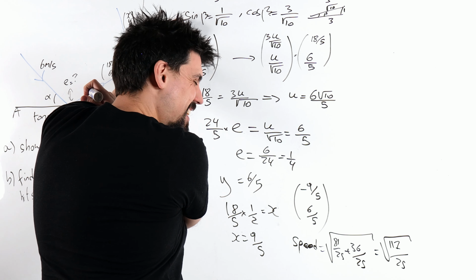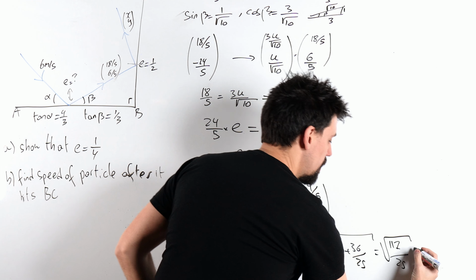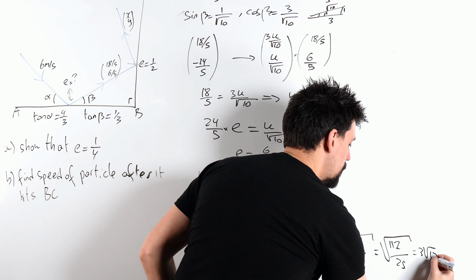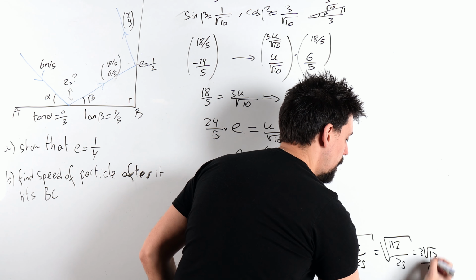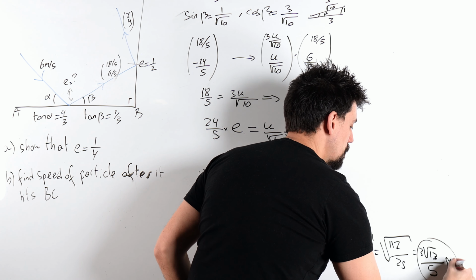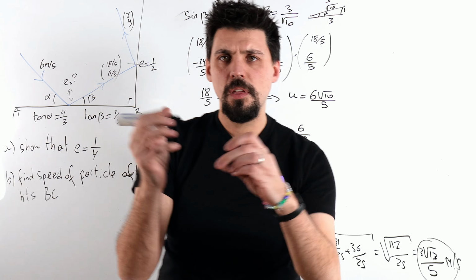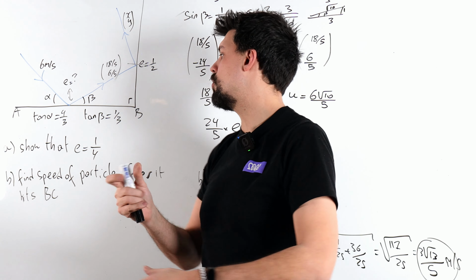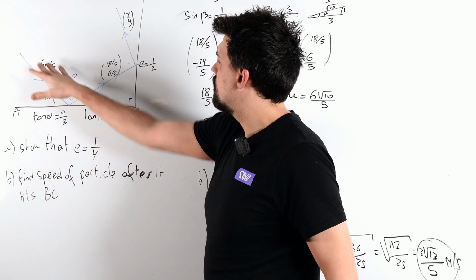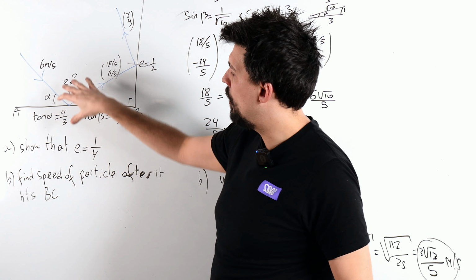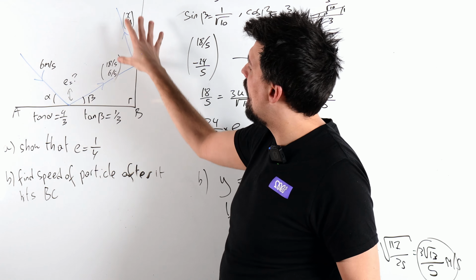What is it, 13? Yes. So this comes out as 3 root 13 over root 25, which is 3√13 over 5 meters per second. Bish, bash, bosharoonie.